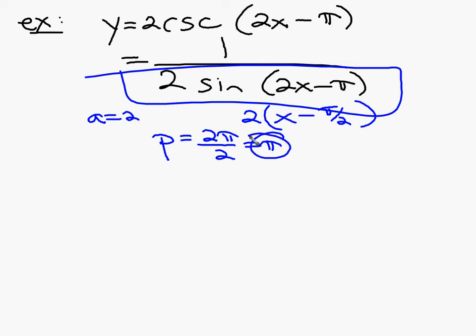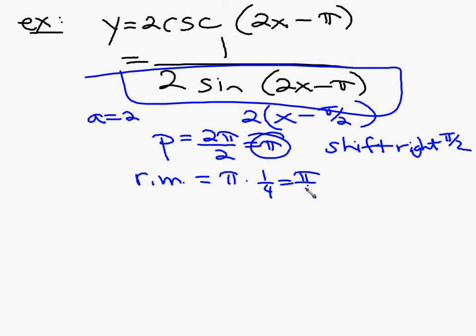Right? And then don't we have a shift? So there's a shift right pi halves. And then wouldn't we need to find road markers? I need to find road markers the same way. Road markers would be the period times 1/4.